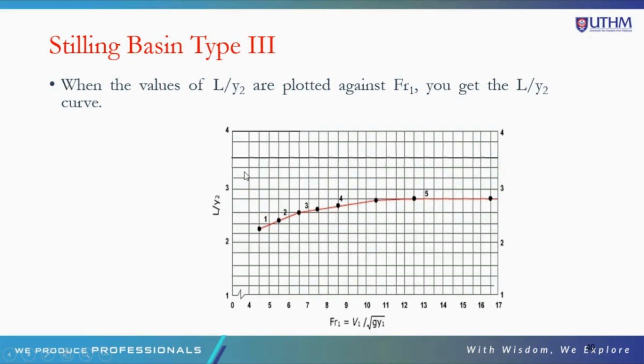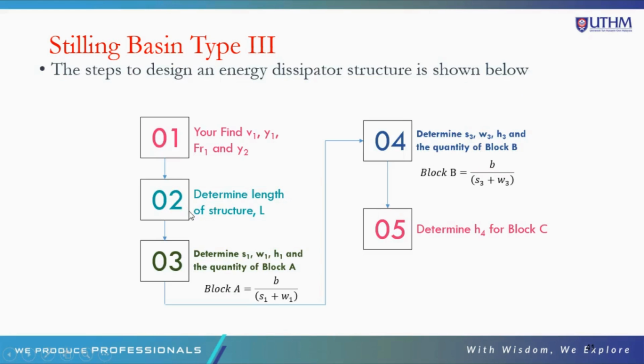This is a graph of values for the Froude number. We can use the plotted graph to identify the value of L over y2. This is a very simple set of steps to design the Stilling basin.